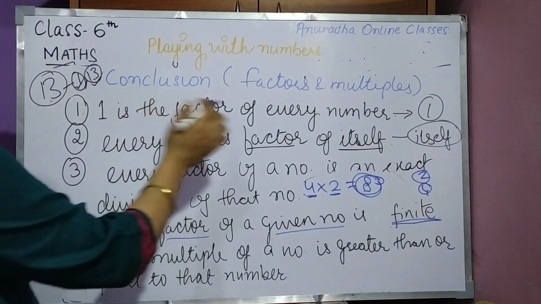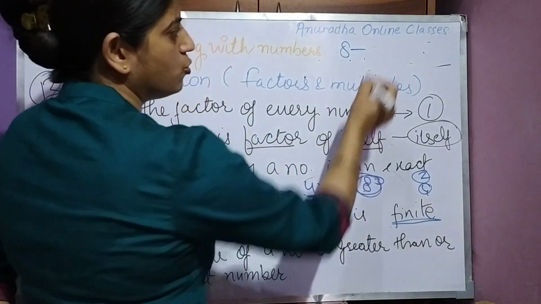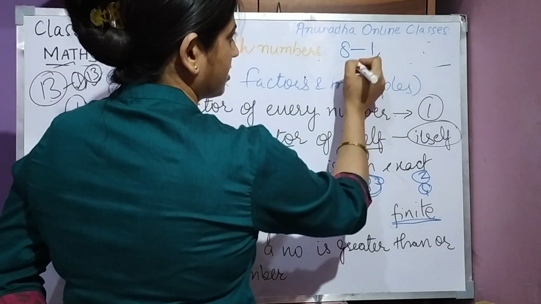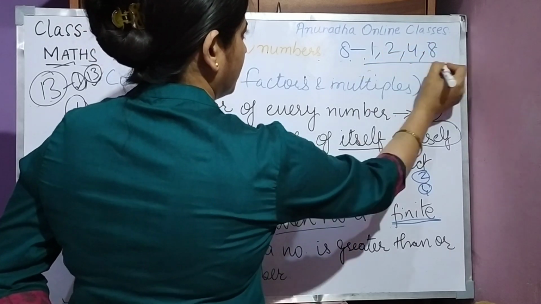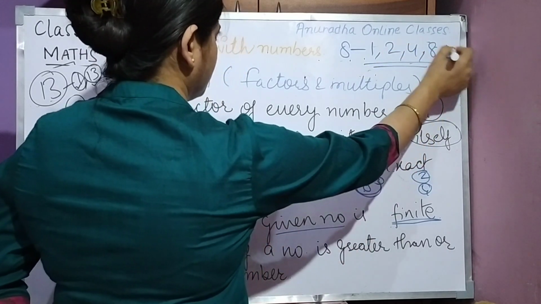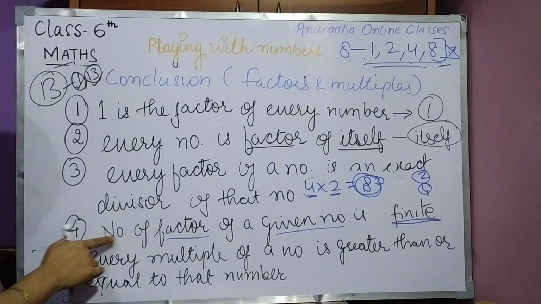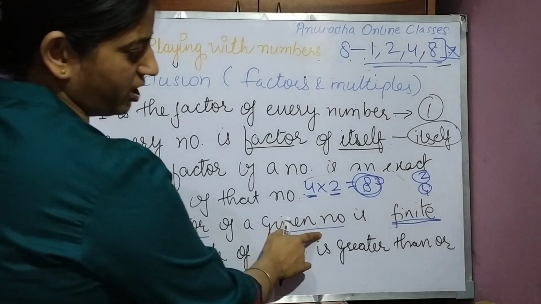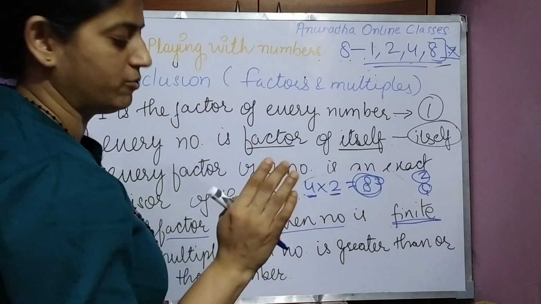Like 8. इसके factors जो होंगे that is finite. हम count कर सकते हैं 1, 2, 4 and 8. These are the factors. इसके आगे इसके factors नहीं होंगे. Okay? So number of factors of a given number is finite, means countable. That we can count.